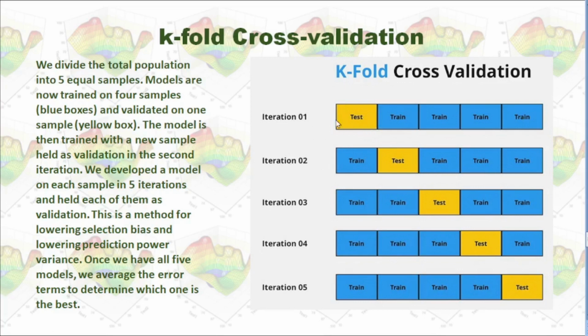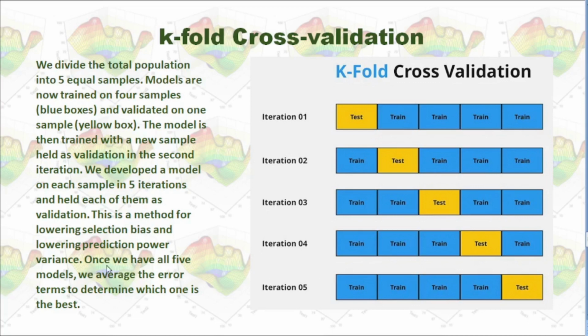And then we switch it over. We use the second block as a test block and all other 4 blocks as a training set. And we will repeat the same method over and over to loop through the samples.